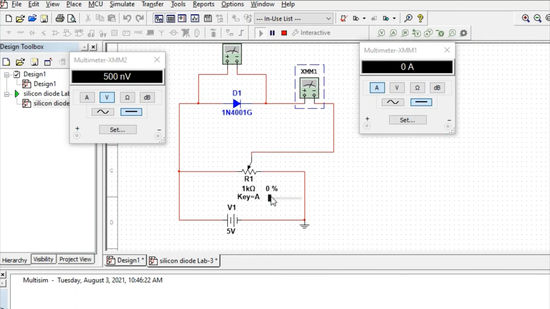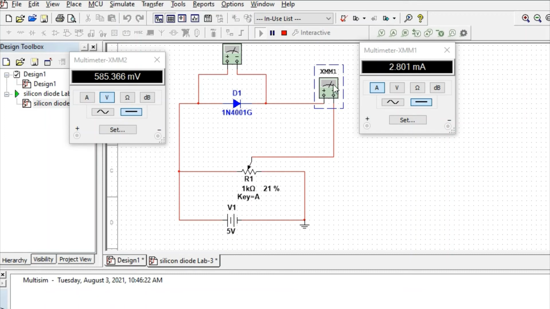Now as we increase the percentage, the current starts flowing as well as the potential increases. By measuring the current as well as voltage for different percentage values, we can plot the graphs in Excel.